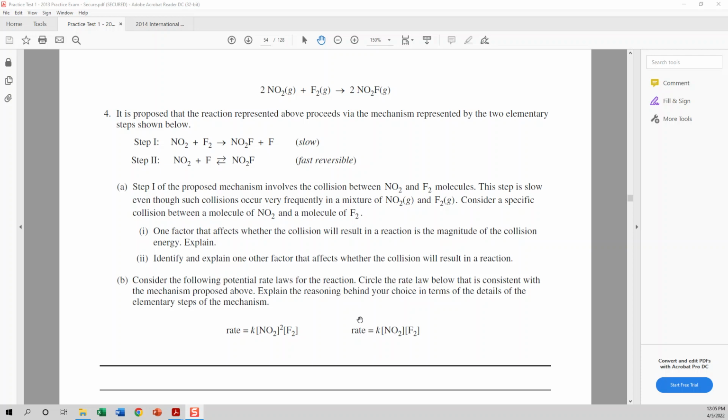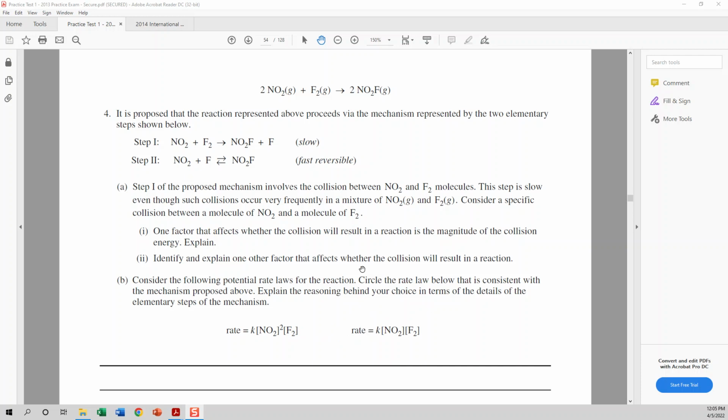So this would have to be the right rate equation because it shows fluorine and NO2 as both first order. This would be the right rate equation here if this were the rate determining step, the second step, because it would show NO2 twice and fluorine only once. All right, but because the first step was the rate determining step, boom, I know that that is my correct rate equation. All right.